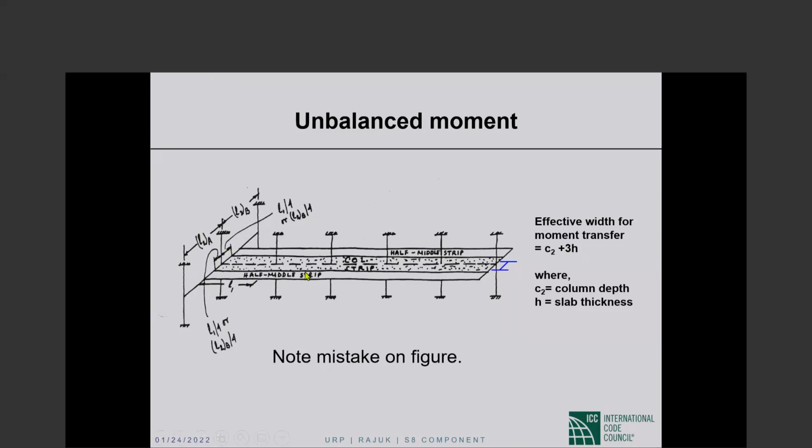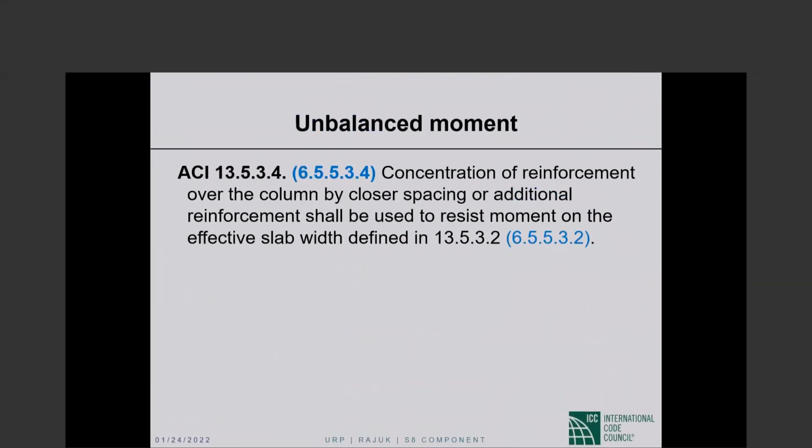Okay, so the reinforcement required to resist the part of the unbalanced moment that is transferred by flexure must be placed within the moment transfer band, the width of which is C sub 2, the transverse column dimension, plus 1.5 times slab thickness on either side. Okay? This width of the moment transfer band is being called the effective slab width.